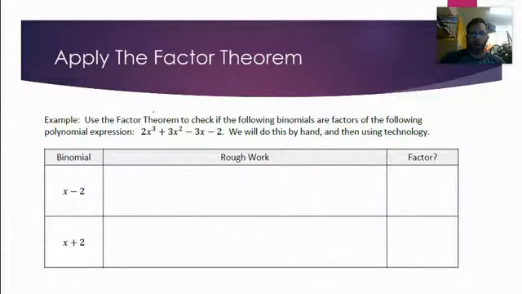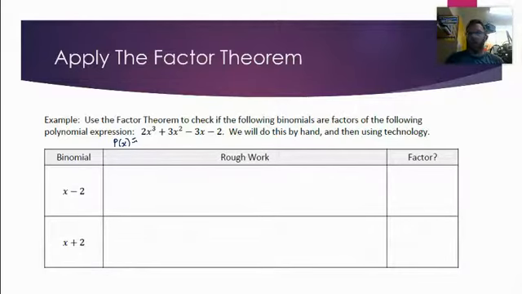So here's our polynomial: 2x cubed plus 3x squared minus 3x minus 2. Let's let p of x be that polynomial function.